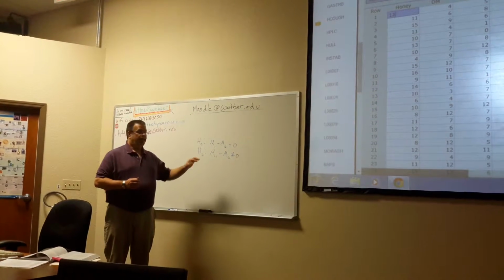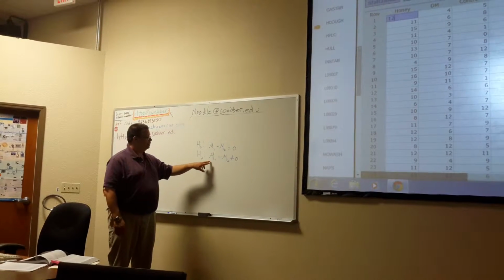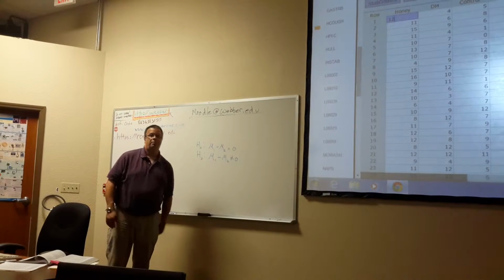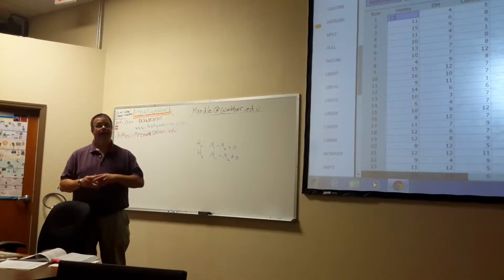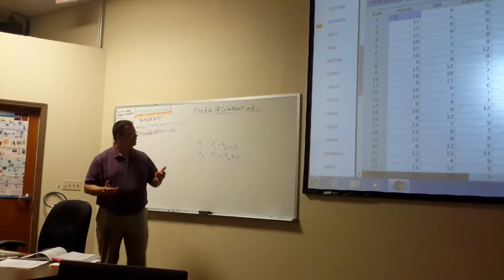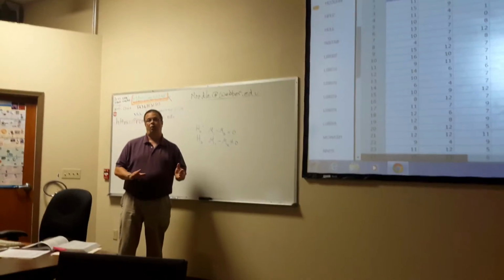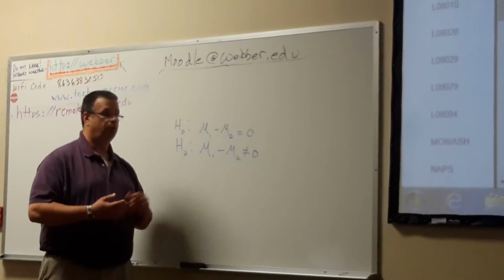If we're working with means, what we're actually going to do for our alternative hypothesis is say that the population mean for group 1 minus the population mean for group 2, the difference, if we're just looking for a difference, would be not equal to 0. We could also presuppose a particular direction to that difference.